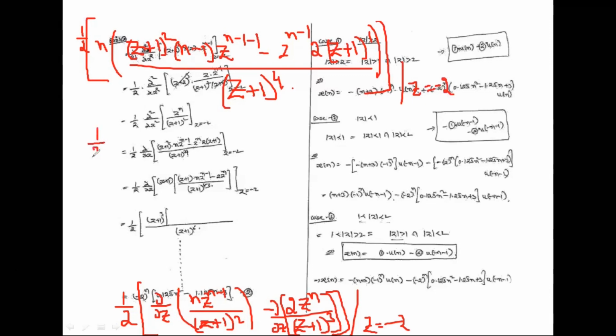So 1 by 2 into n whole multiply with z plus 1, minus 2 plus 1 is minus 1, whole square. N minus 1.